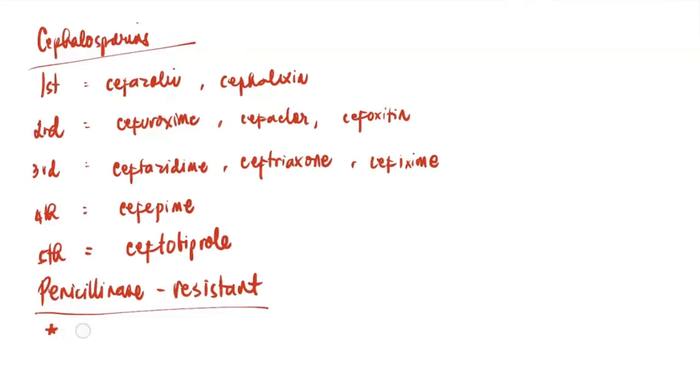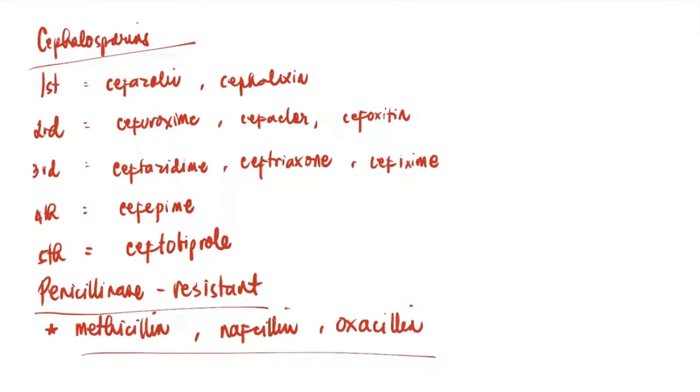Okay, so we have methicillin, nafcillin, and oxacillin. So again, these antibiotics are penicillinase resistant. So that means they would be effective for penicillinase producing organisms. Okay?